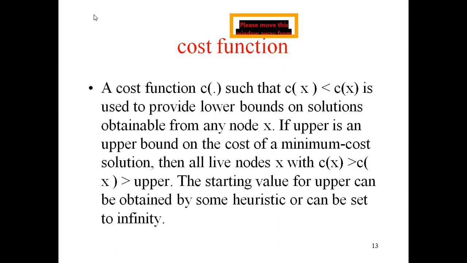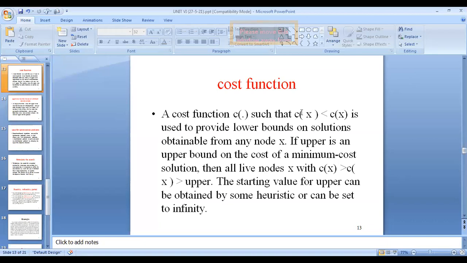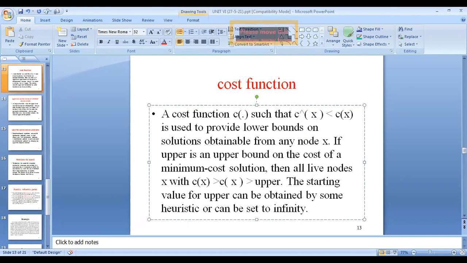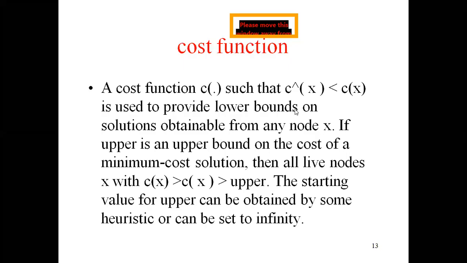So a cost function C cap such that C cap of x less than or equal to C of x is used to provide lower bounds on solutions obtainable from node x. So here, C cap of x, what is C cap of x? That is the estimated cost at that particular node to reach your solution.